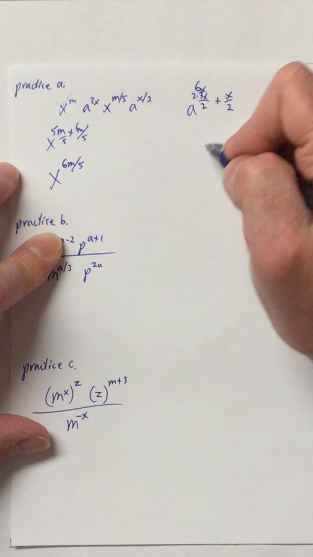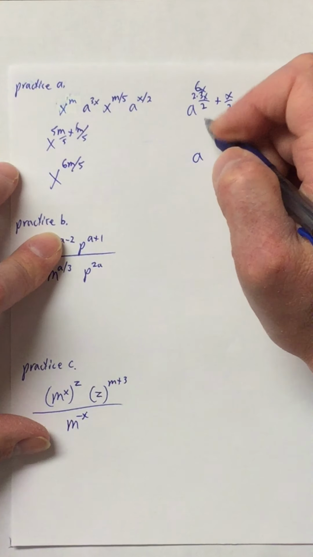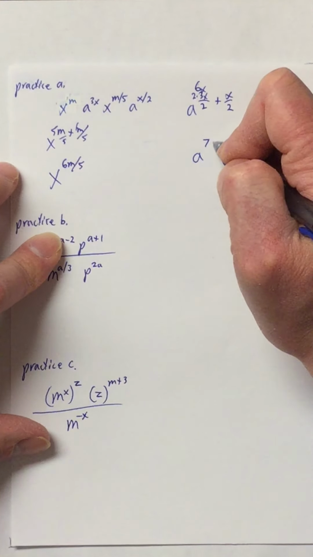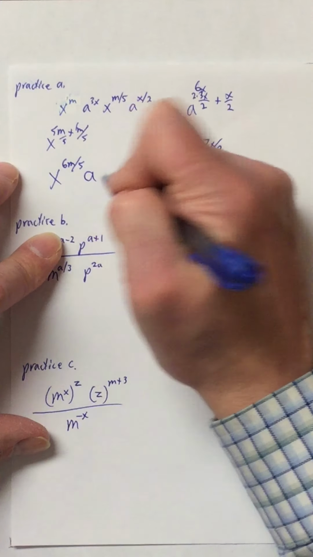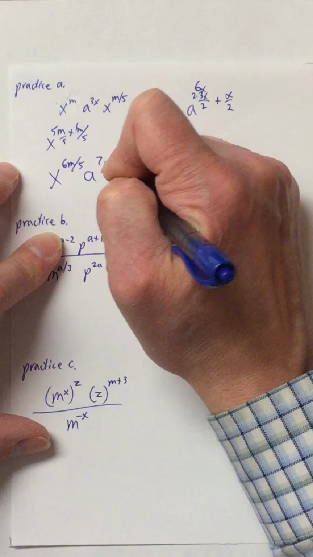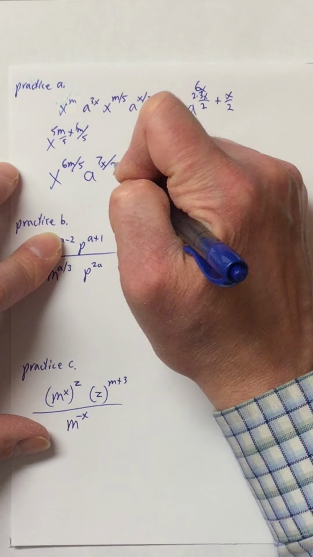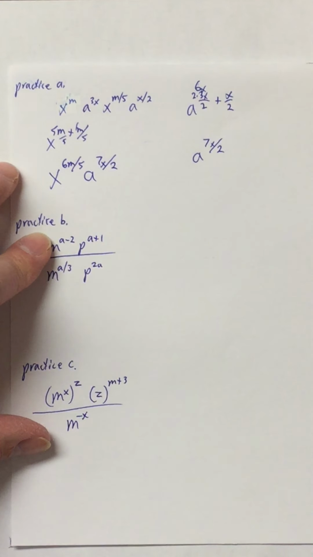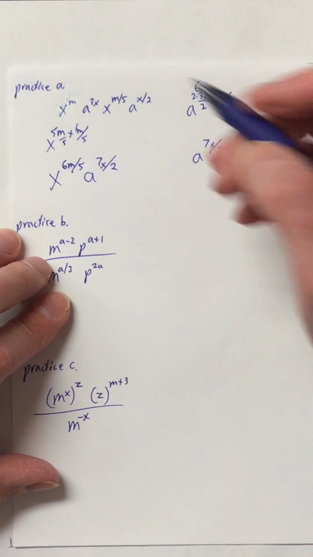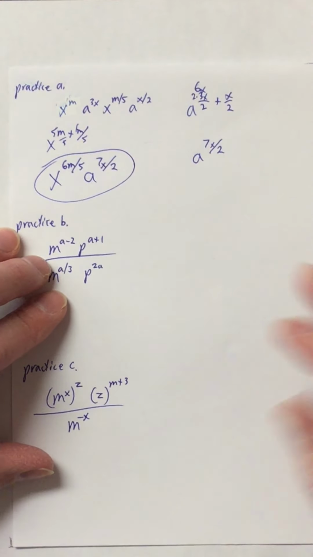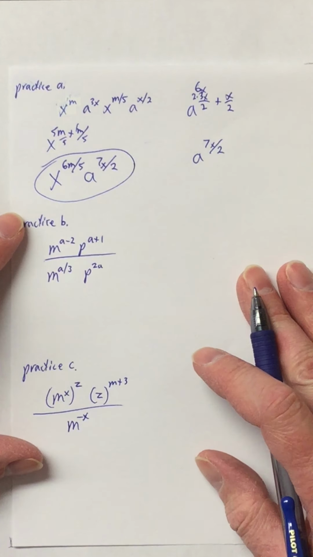If I add those, I'm going to get 7x as these two add over a denominator of 2. So I'll write it over here for my final answer. 7x divided by 2 as a fractional exponent. And that is the answer to practice A.